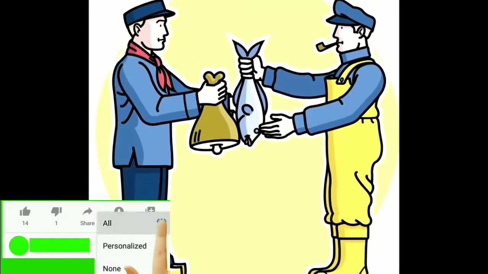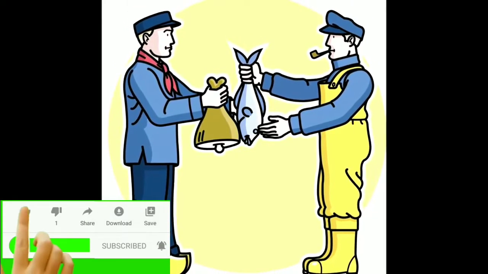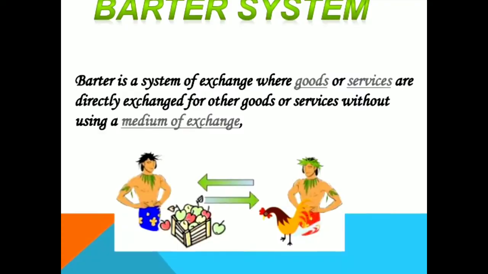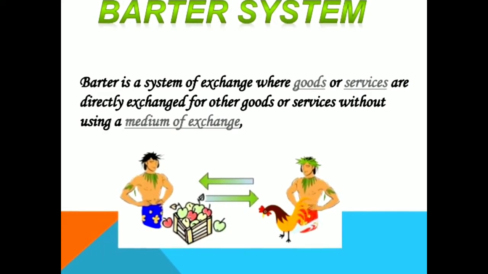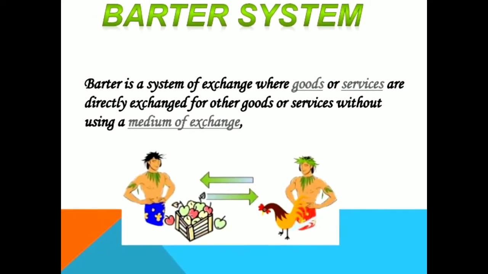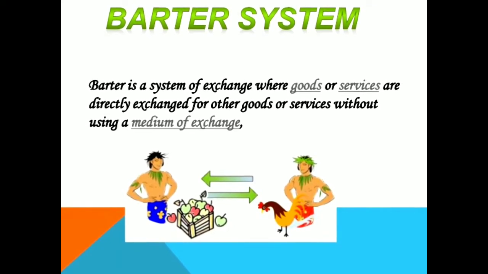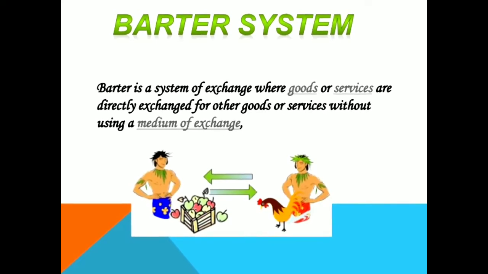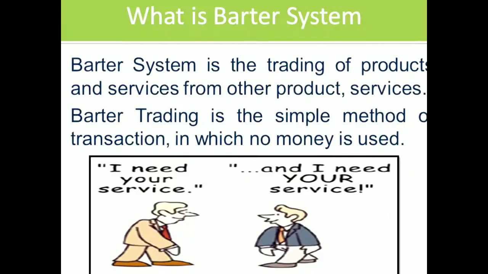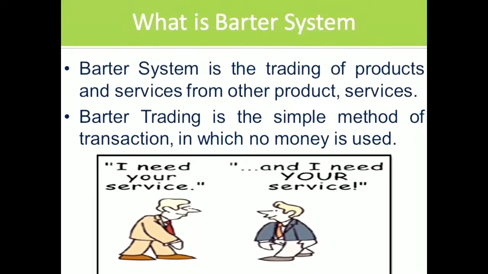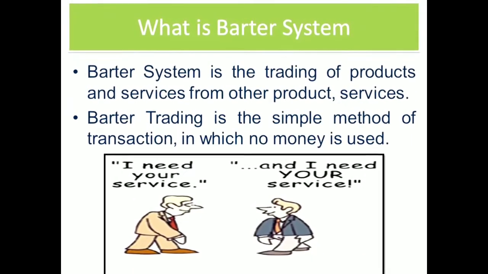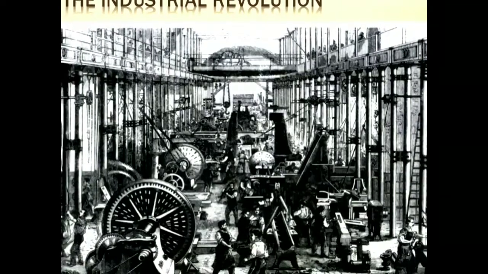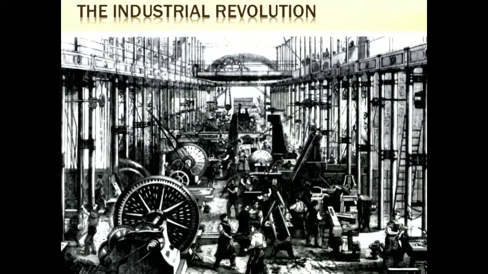A kind of trade prevailed during those times, and it was called barter system, which means they exchanged goods for another good without using any money. So such another kind of trading or buying and selling also existed in olden period, that was known as barter system.